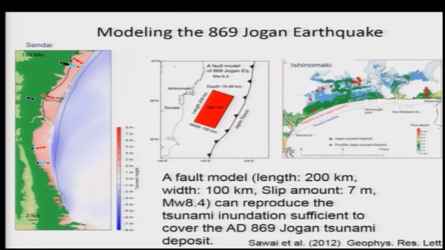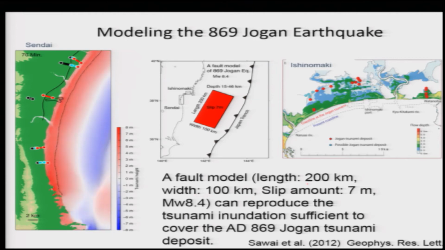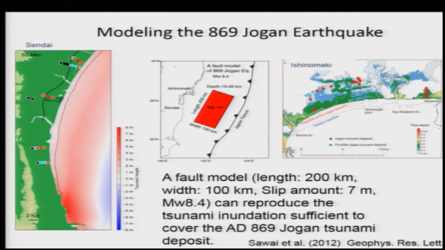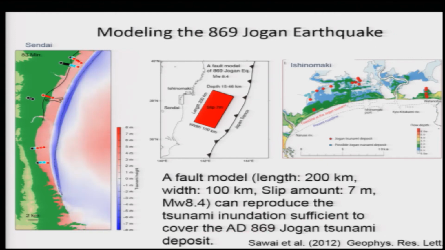So here what they took into consideration was the length of the fault and the width. The length was 200 kilometers, the width was 100 kilometers, slip was almost 7 meters, and the earthquake magnitude was 8.4, which can produce the tsunami inundation sufficient to cover the AD 869 Jogan tsunami deposit.